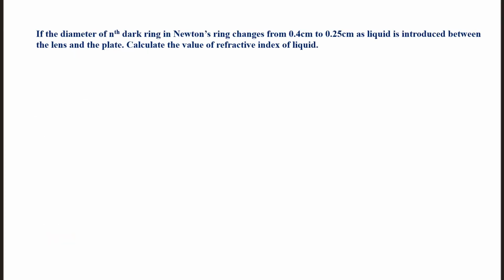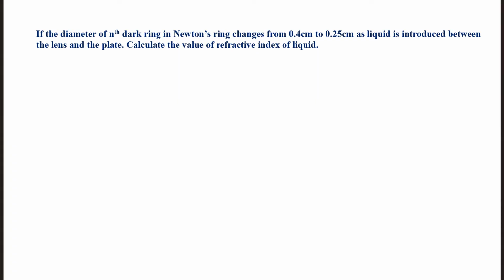Another example: here we are going to see how to solve numericals related to refractive index determination. In the statement it is provided that the diameter of the nth dark ring in Newton's ring changes from 0.4 centimeter to 0.25 centimeter as a liquid is introduced between the lens and plate.